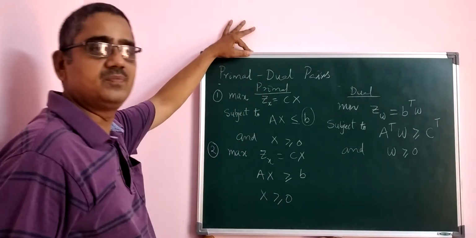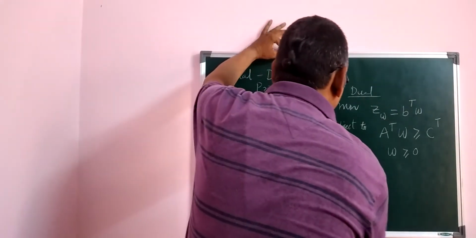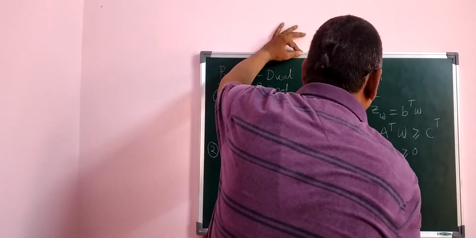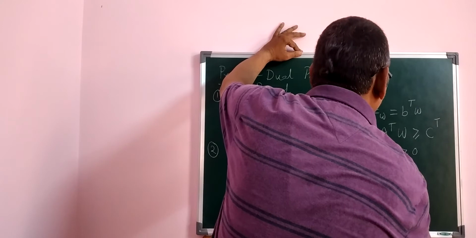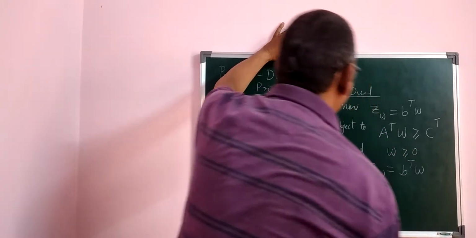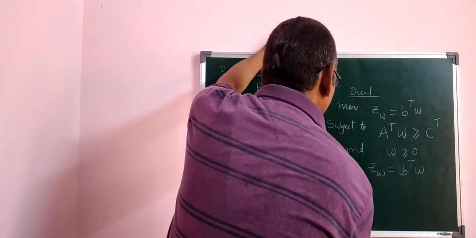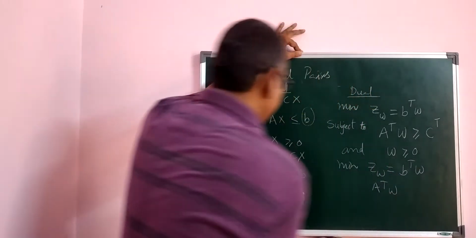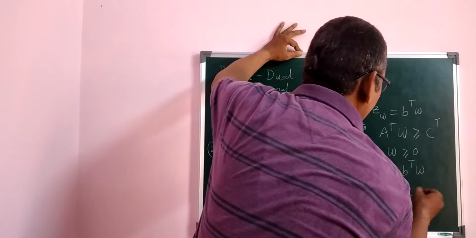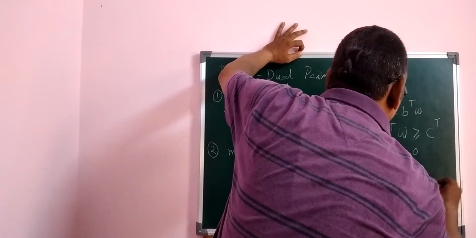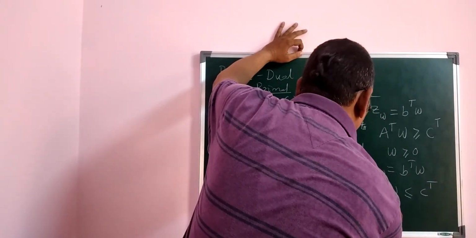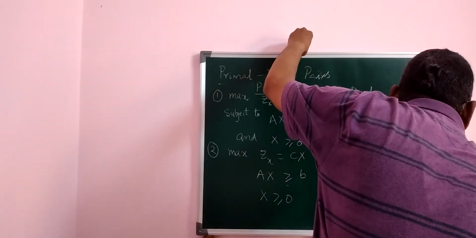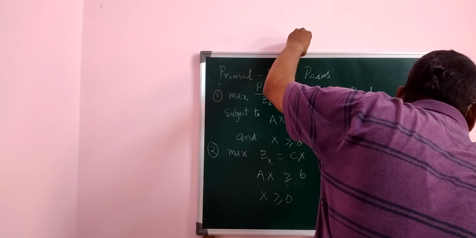Then maximization becomes minimization, z omega = b transpose omega. Subject to the constraints A transpose omega, the greater than or equal to becomes less than or equal to c transpose, and omega is unrestricted, with no restriction on sign.